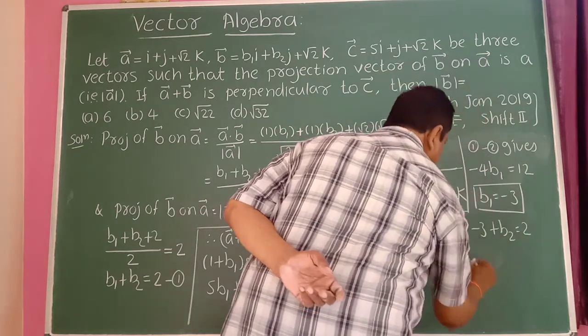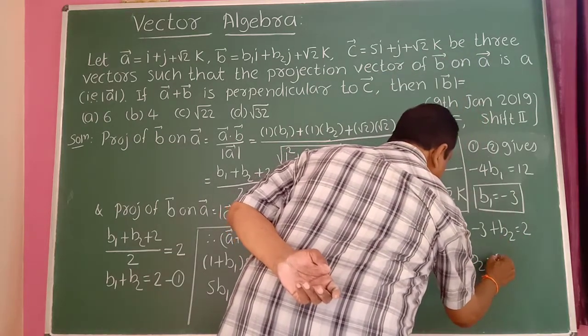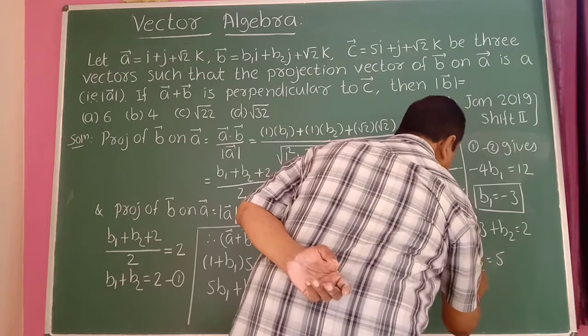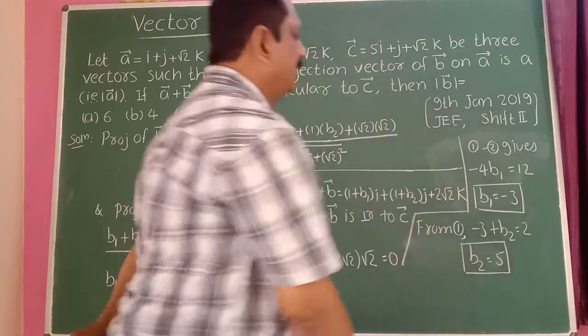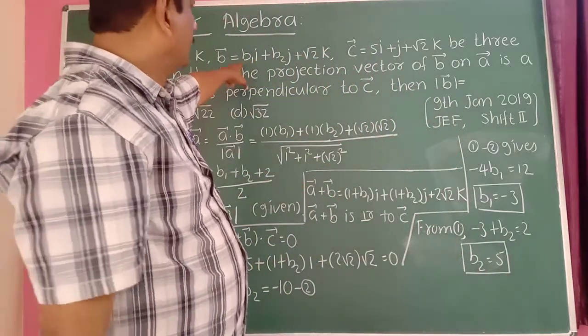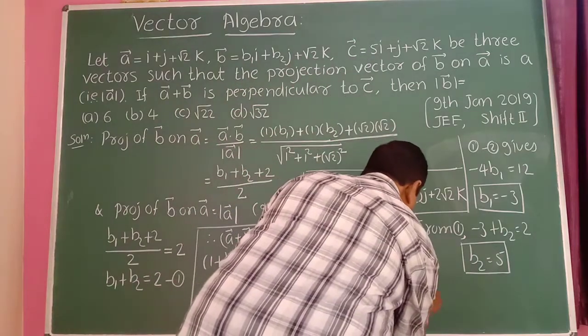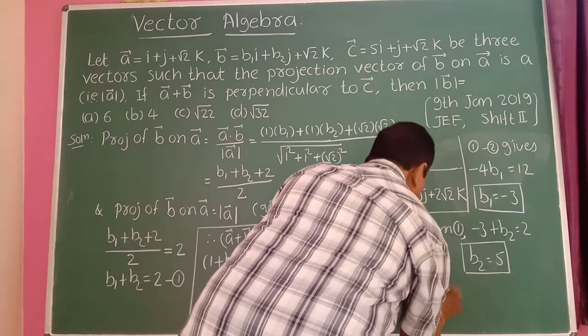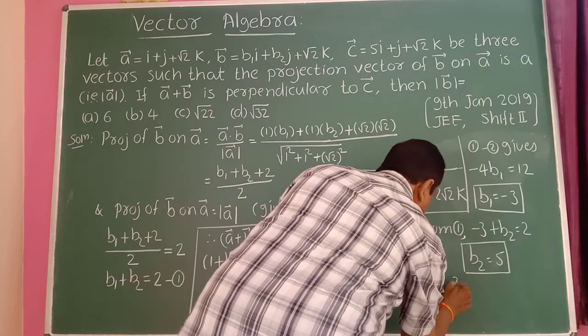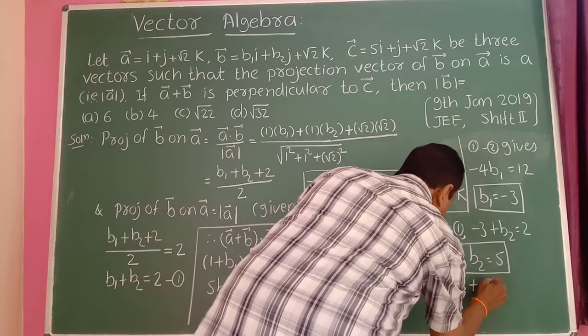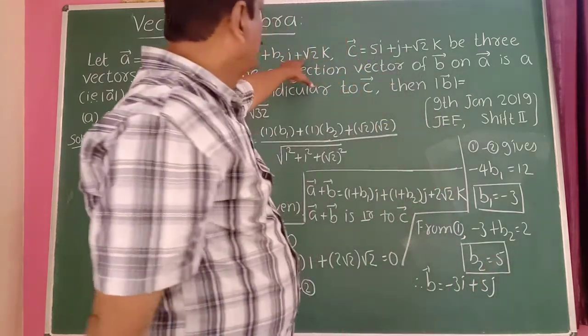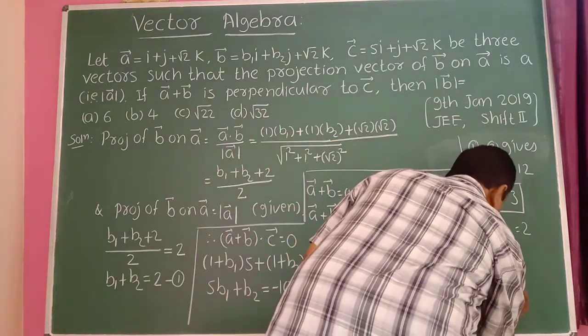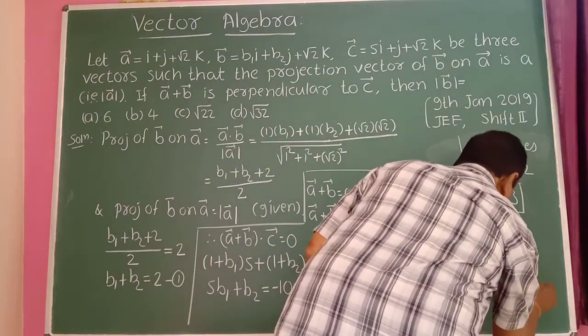Take minus 3 to the right hand side: b2 is equal to 3 plus 2, which becomes 5. Therefore, using b1 and b2, b bar is equal to minus 3 i plus 5 j plus root 2 k.